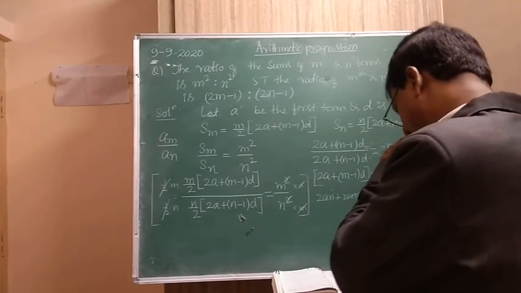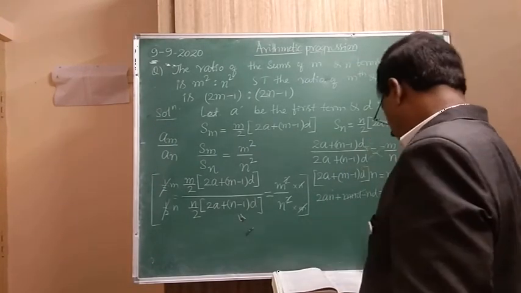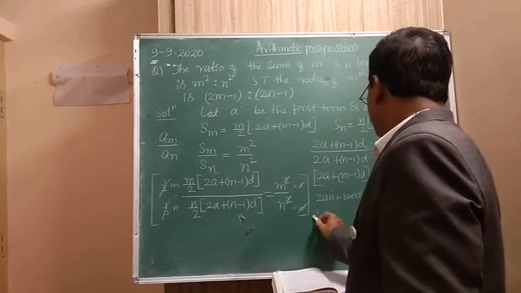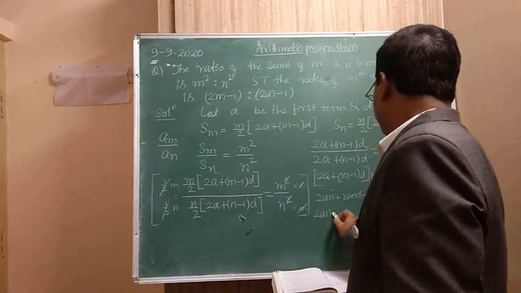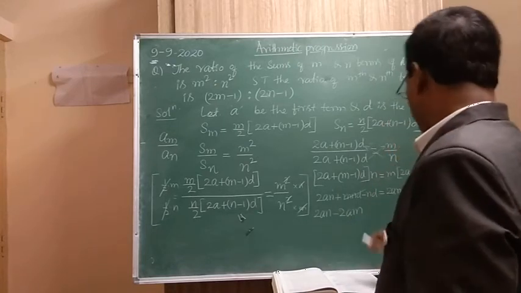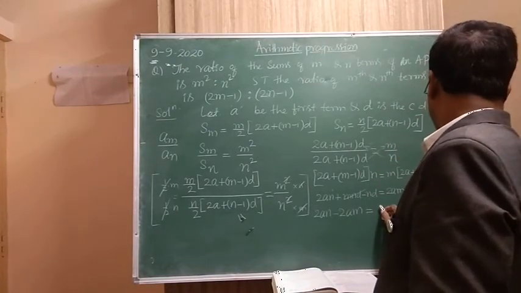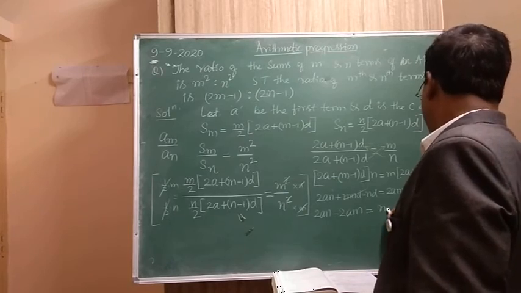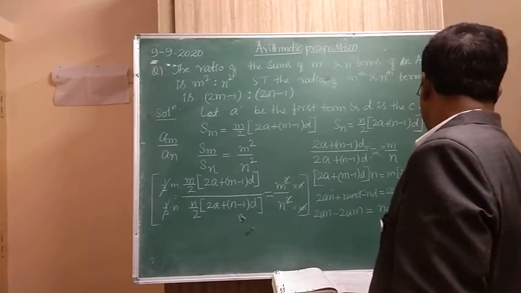Then next, you shift these terms to this side: 2an minus 2am is equal to nd minus md.